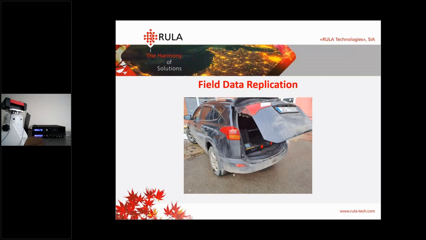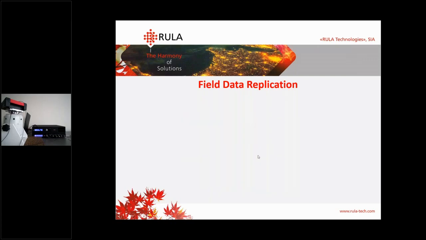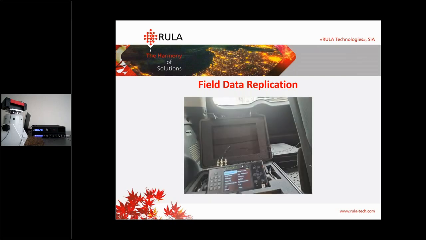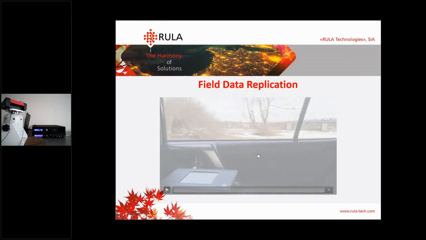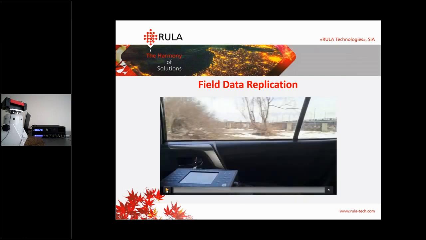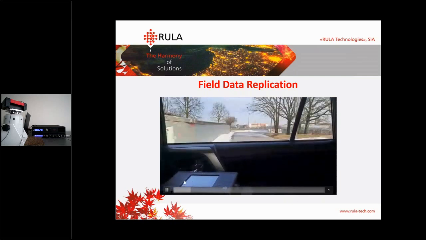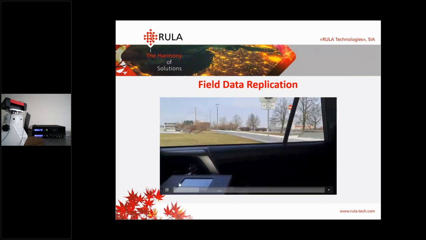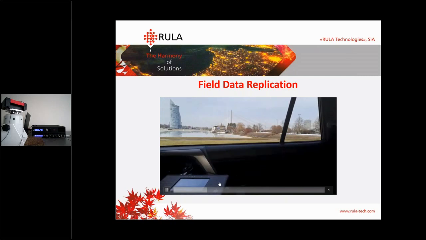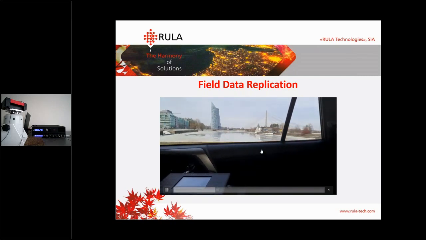It was placed in the car, and we placed some sensors and recorded the data. I have a small video about it. I think here you see that the car moved across the city and we recorded data.